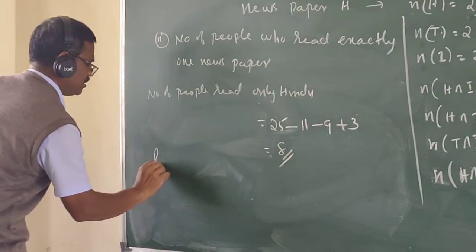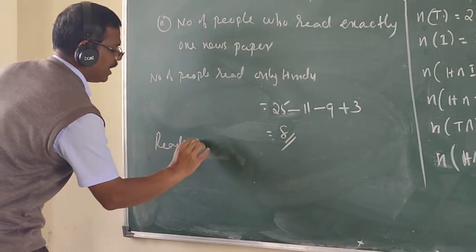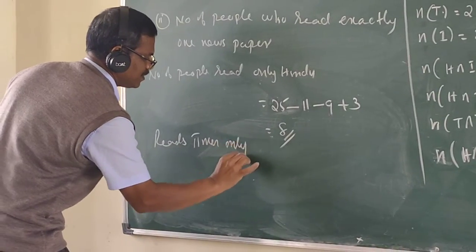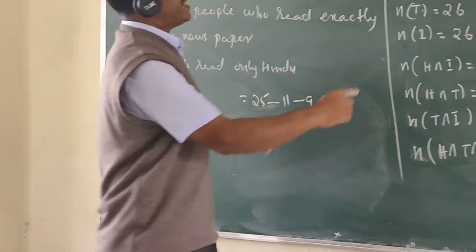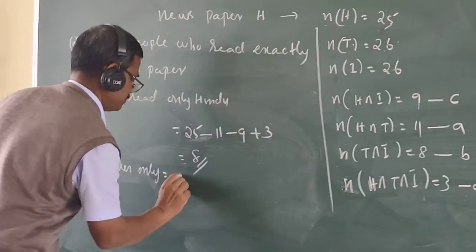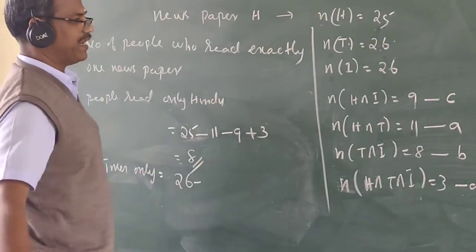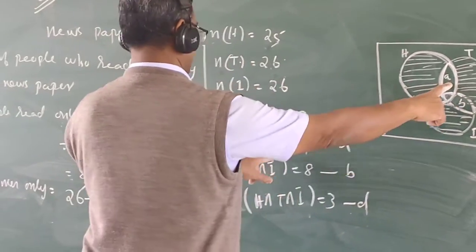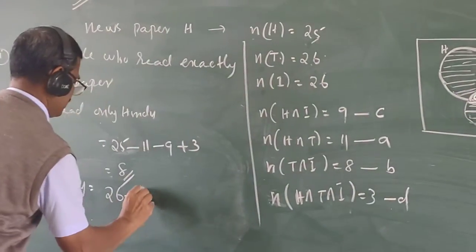Now who reads Times only. What is the Times number here? 26. Minus, from that you have to remove A. What is A here? 11.